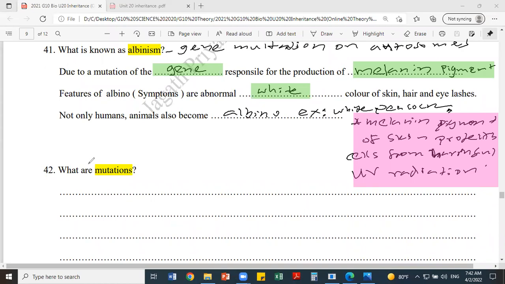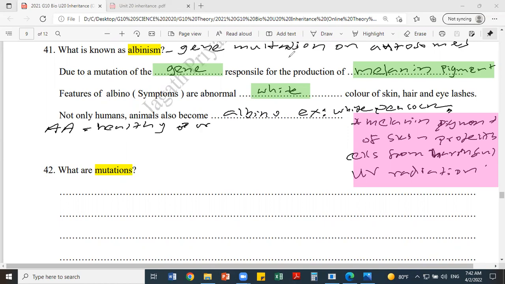Then next one, I will write simply, possible genotypes for albinism. There's no standard letter like for hemophilia and red-green color blindness, where you use simple H, and for color blindness you use simple C. But for this one there's no such standard letter. You can write, say, capital A, capital A, healthy or normal, healthy male or female.